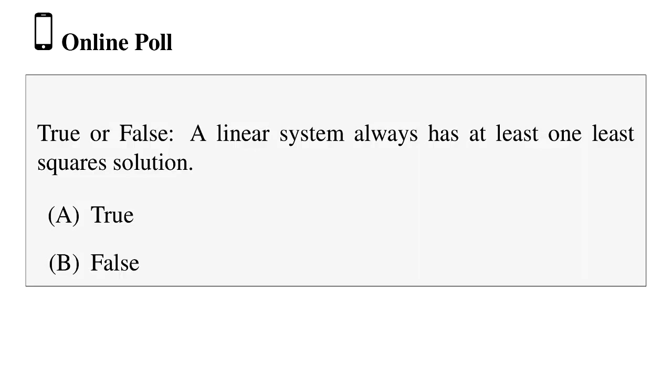Can you think of a linear system that's not going to have any least squares solutions? Okay, so does a linear system always have to have at least one least squares solution?